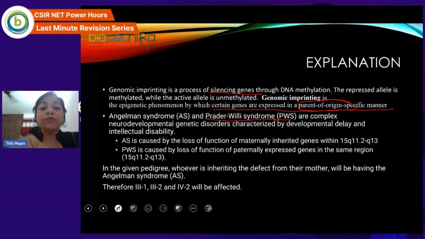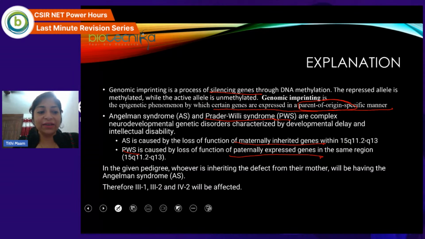All right. So for these syndromes, Angelman and Prader-Willi, what happens? Angelman syndrome is caused if the deletion is inherited maternally. If the deletion is inherited from the mother, then the person will suffer from Angelman syndrome. If the deletion is inherited from the father, then the person will suffer from Prader-Willi syndrome.